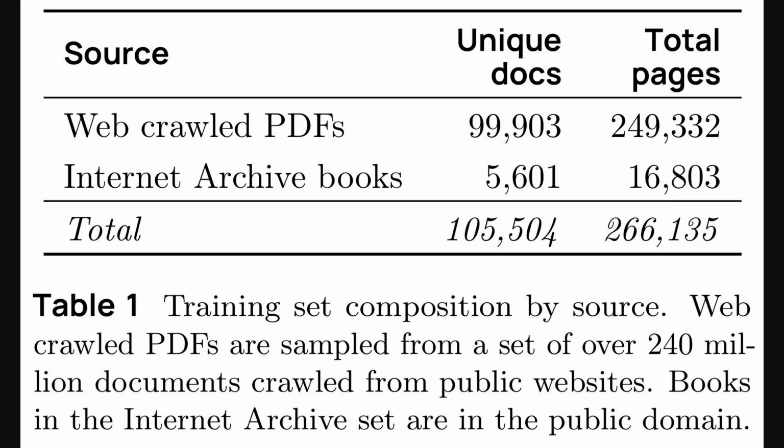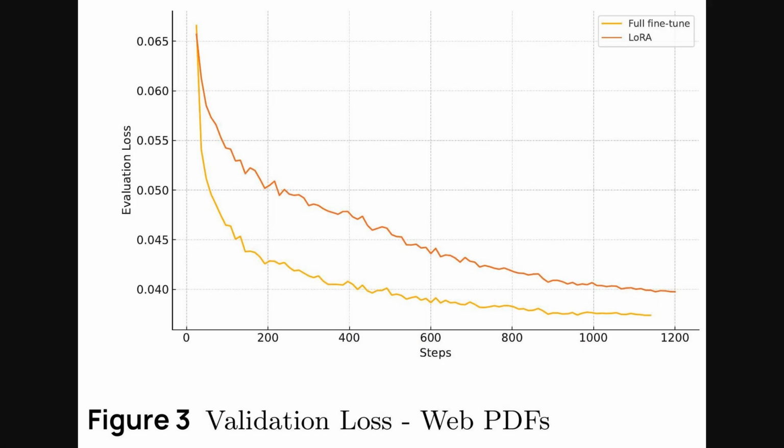So after putting together that diverse data set, the next step was figuring out the best way to actually train the olmOCR model. This figure here, Figure 3, shows a comparison they did during training. It plots the evaluation loss, that's the vertical axis, against the number of training steps.